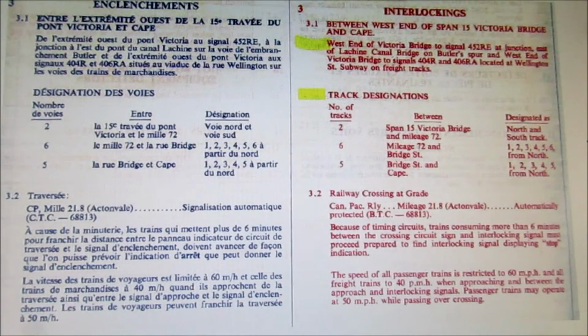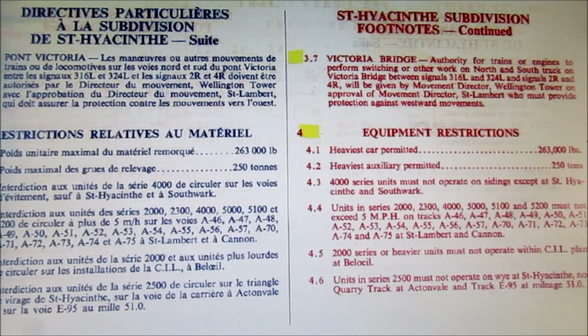Track designation, as you can see right here, what's allowed, what's not allowed, clearance required to move. It says authority for trains or engine to perform switching north or south track on Victoria Bridge will be given by the movement director, or in this case it's dispatcher. And of course there are limits for heaviest car permitted, etc.